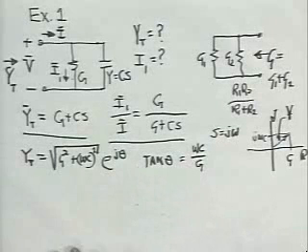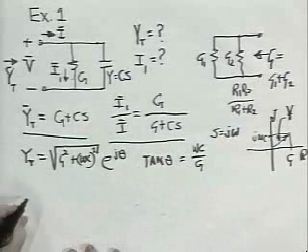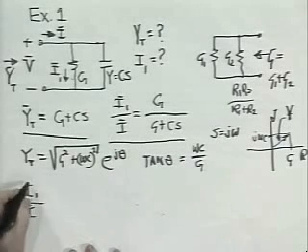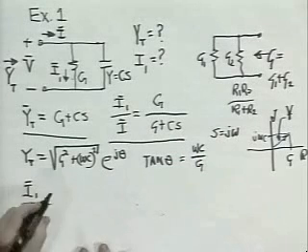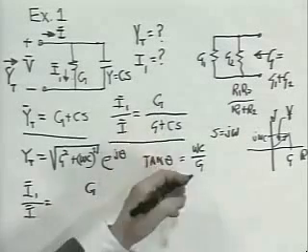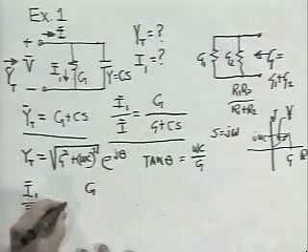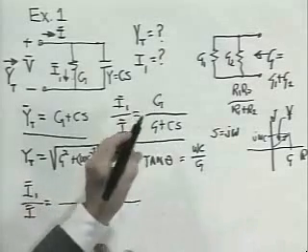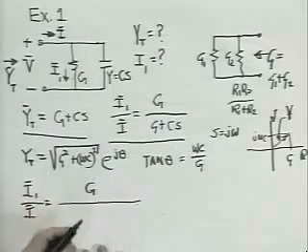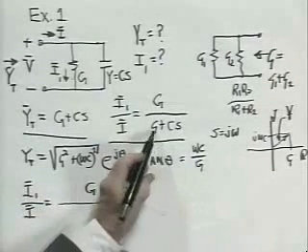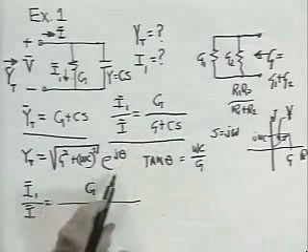What about the current division ratio? I can express that also, I1 over I, complex amplitudes, in polar form. It is the complex amplitude of the numerator, which is a real number G, and the magnitude is just G, divided by the denominator expressed in polar form, which I've done here.